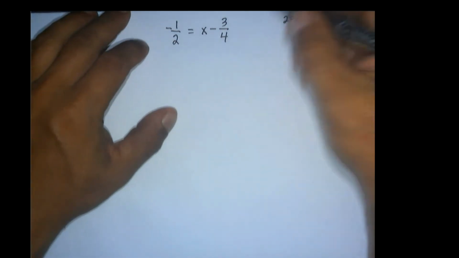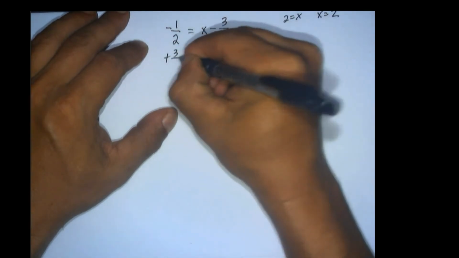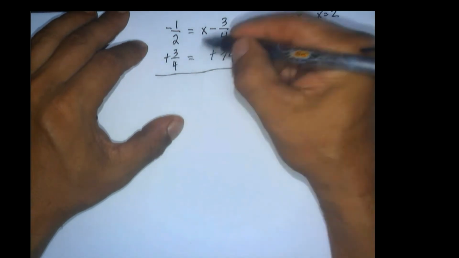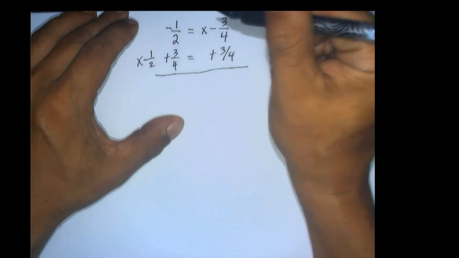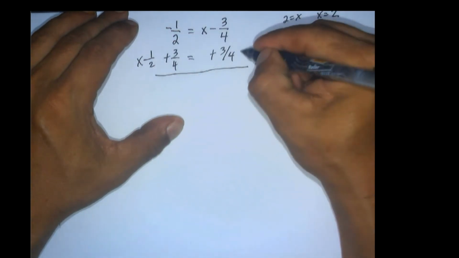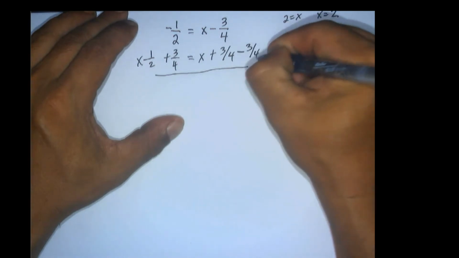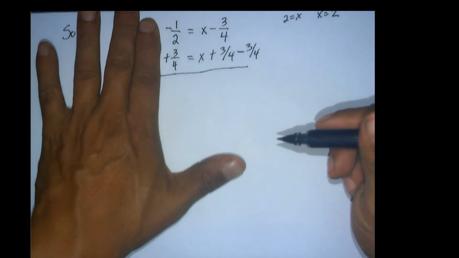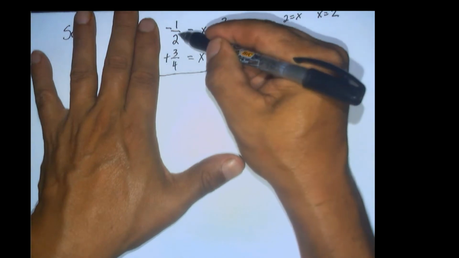Okay, so we're going to add 3/4 to both sides. We're going to say that's x minus 1/2 plus 3/4, and then x plus 3/4 minus 3/4. That way it looks a little prettier. But I can add right there, right? That's 3/4 minus 1/2. So it's 3/4 minus 2/4, which is 1/4.